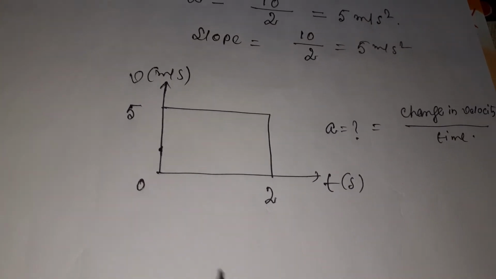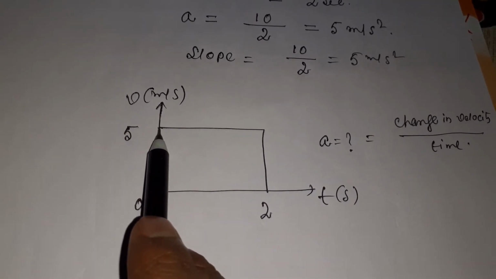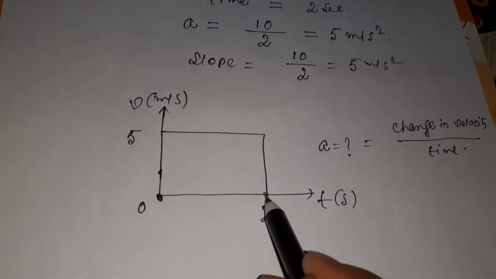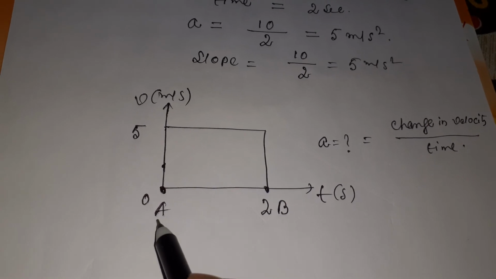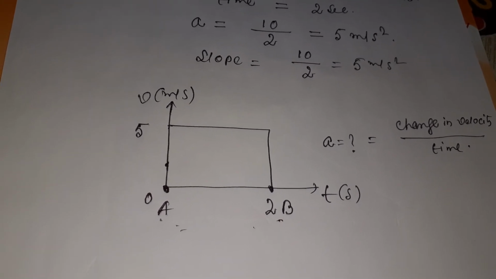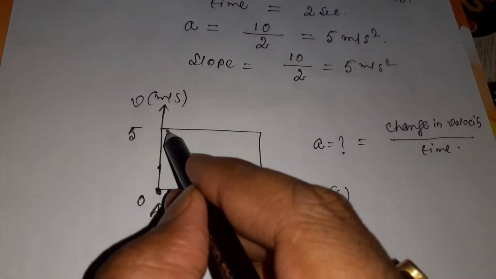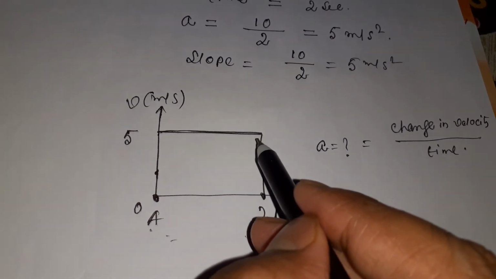Now if you see, the body has achieved the velocity here, how much? 5. Then within these 2 points, suppose you mark this one A and this one B, within points A and B, what is the velocity? How much velocity is there? Only the same velocity we are getting, because this graph represents a constant velocity graph.